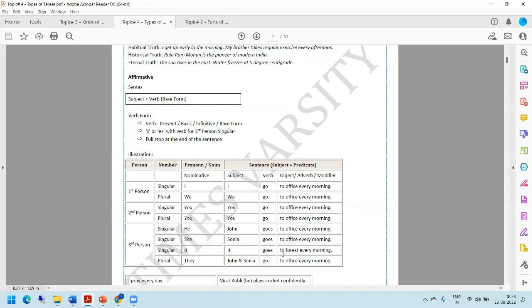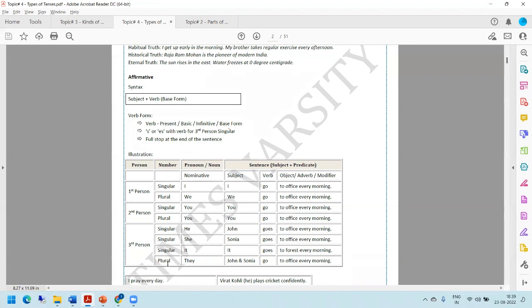It goes to forest every morning, maybe an animal. Or instead of the pronoun it, I can say tiger goes to forest every morning. So only when third person singular is used, s or es is used with the verb. So here es is used.